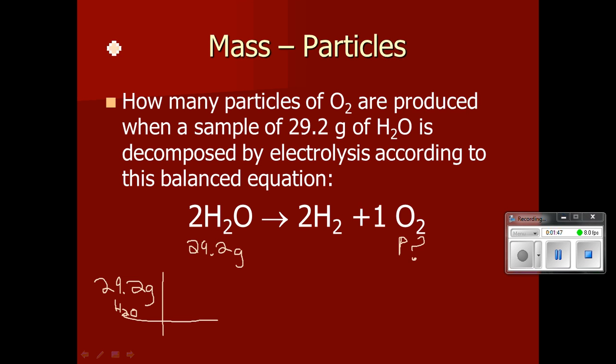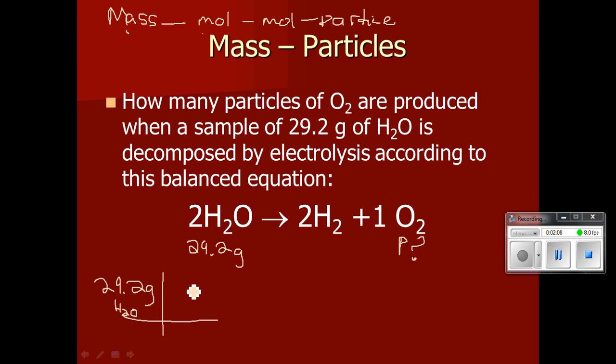Okay, so the trick is we're going to go from mass to mole, and then mole to particles. That's the path we're going to follow. So right now we're right here, so we're going to go to moles.